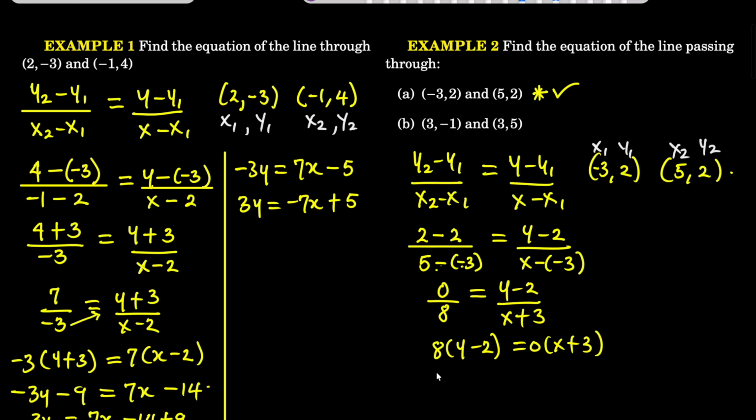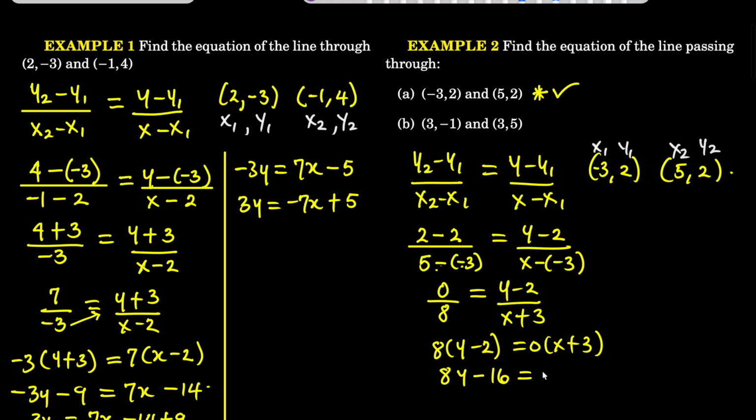Now, you can open the bracket if you wish. So you have 8y minus 16 equals, there's actually no bracket that you want to open here. There's no point opening any bracket here, because what you have outside of the bracket is 0. So 0 renders anything that is being multiplied by 0, 0.